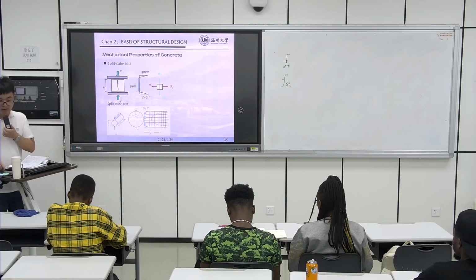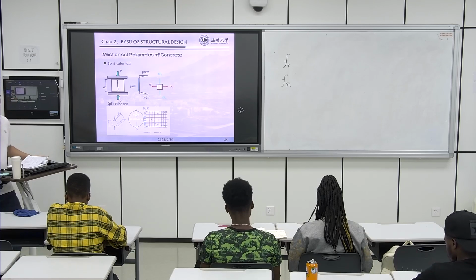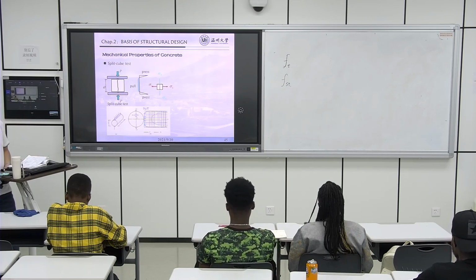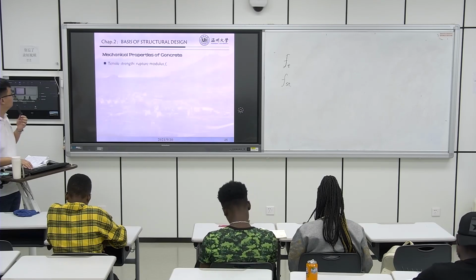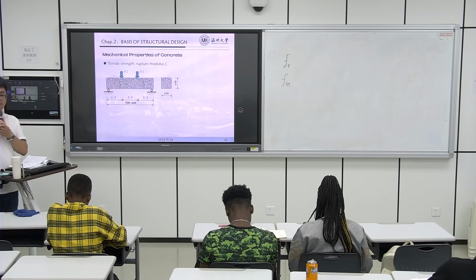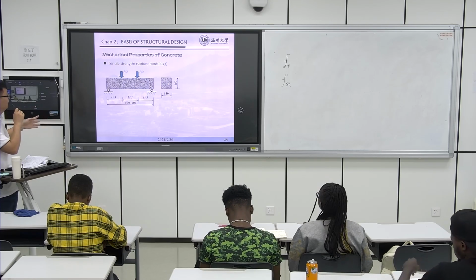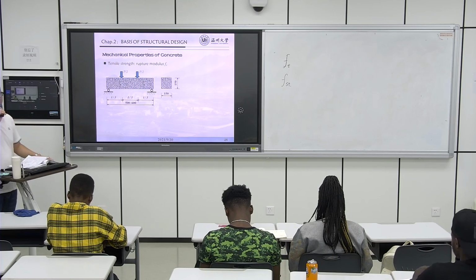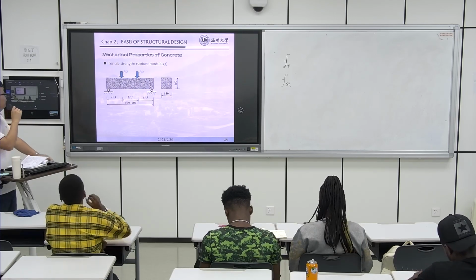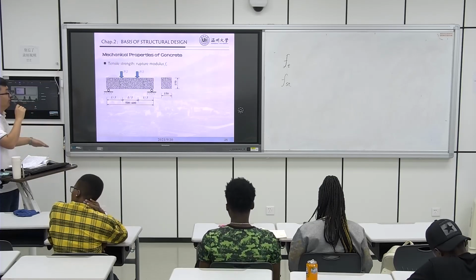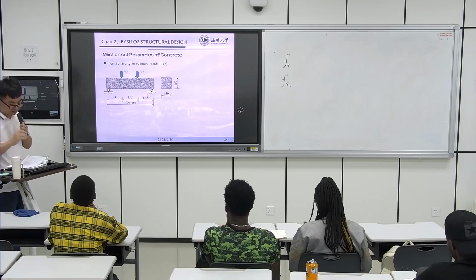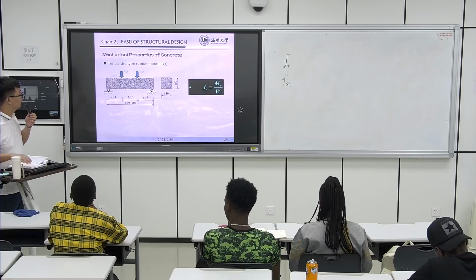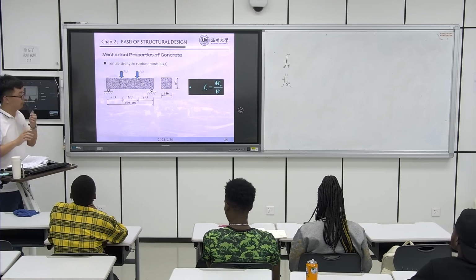We can get tensile stress from the beam specimen, right? There is a 2-point load on the beam, and another is a 1-point load. For this type of specimen to get the tensile stress, we use this formula, FR.